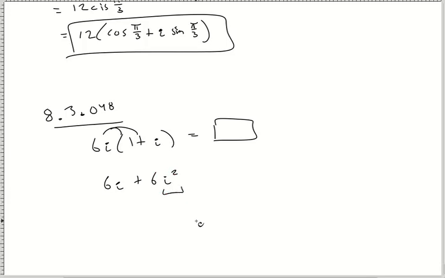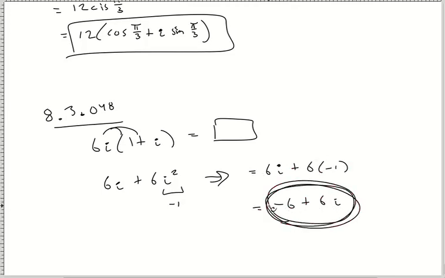If you remember, i squared is actually equal to -1, straight up. So then I have 6i plus 6 times -1. Well, this is just -6. I'm going to rewrite it as -6 plus 6i.